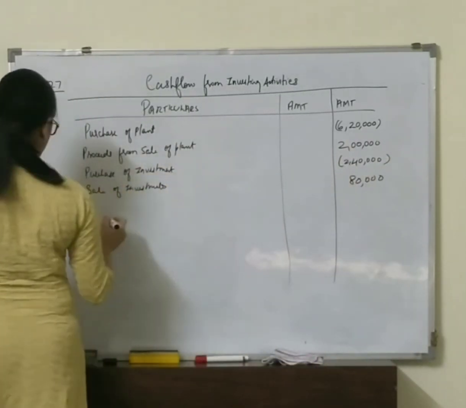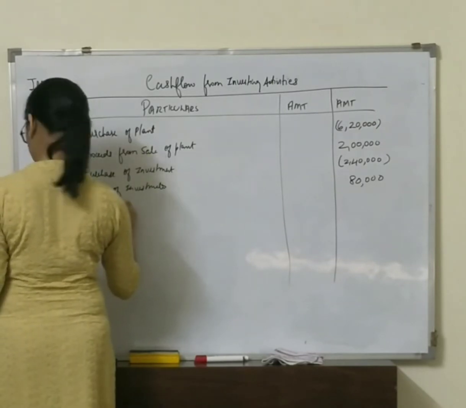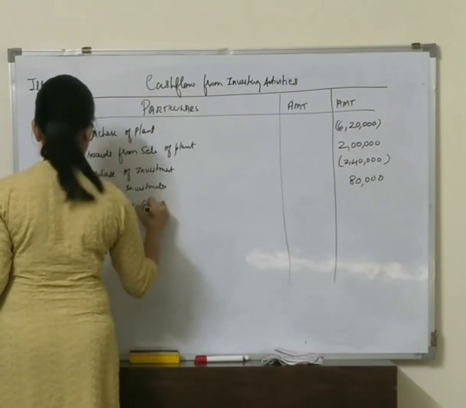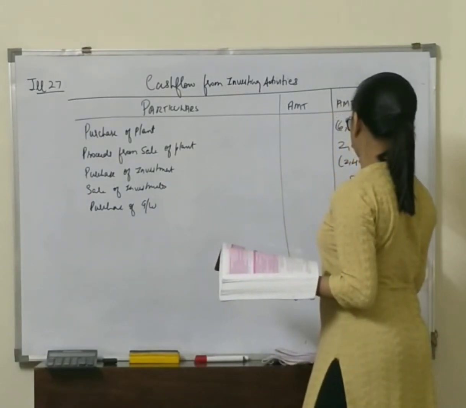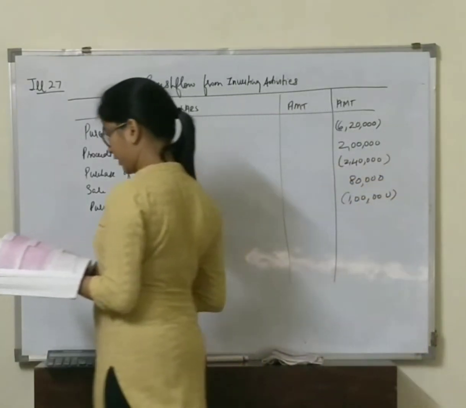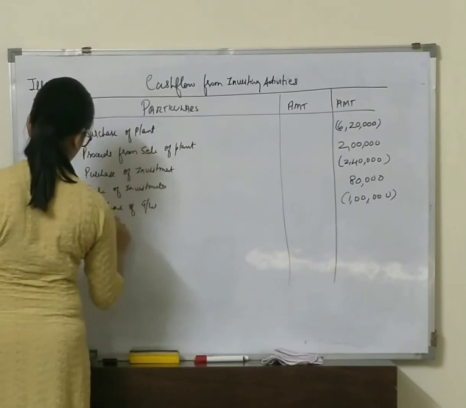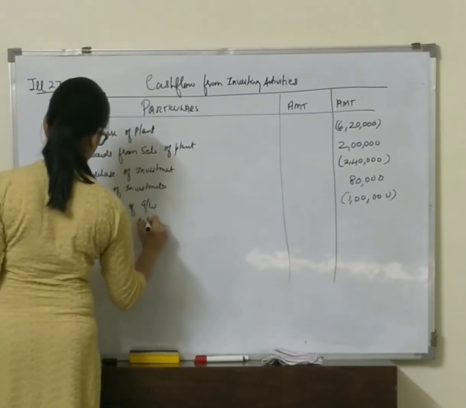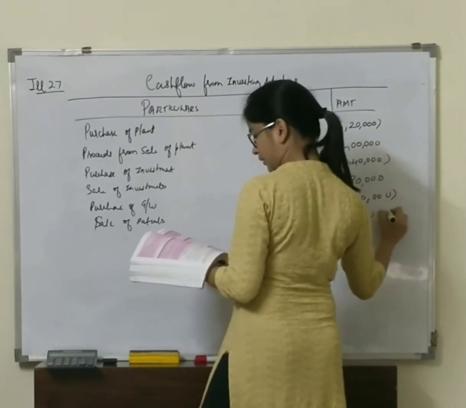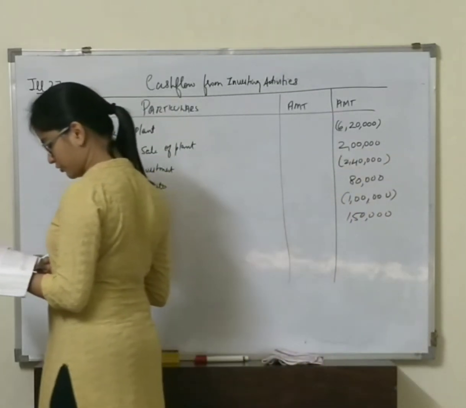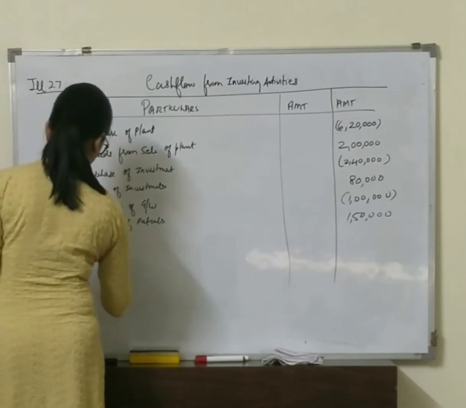Then we have goodwill. Purchase of goodwill, 1 lakh. Again a negative figure. Then we have patents, that is sale of patents, 1,50,000. Next we have interest received on debentures, 8,000.